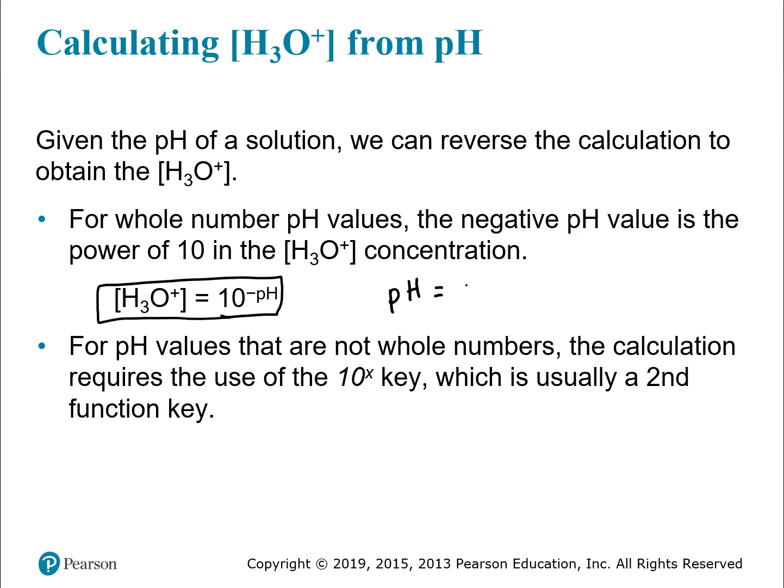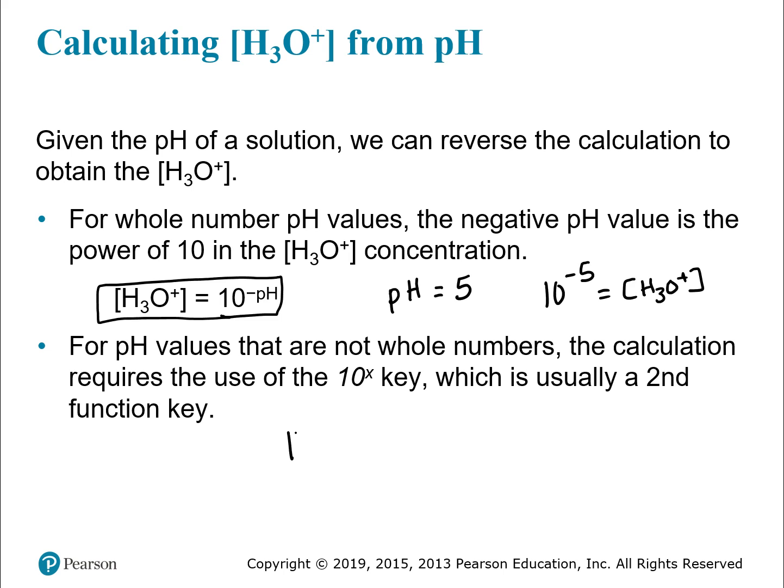Let's say that I had a pH of 5. That would mean that with this equation, that would equal my hydronium concentration. But if you don't have a whole number, you're going to have to do some math.